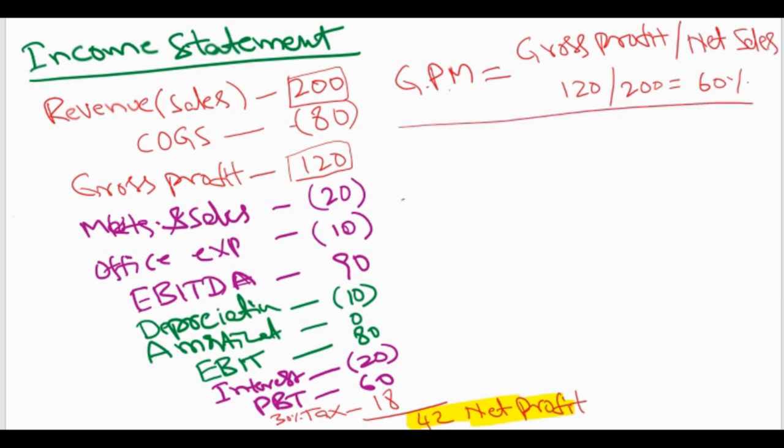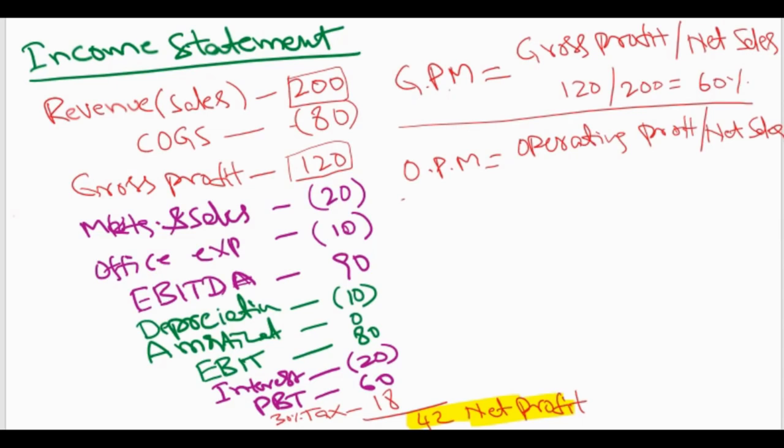Now let's look at operating profit margin. How do you get operating profit margin? Operating profit divided by net sales. What is the operating profit here?